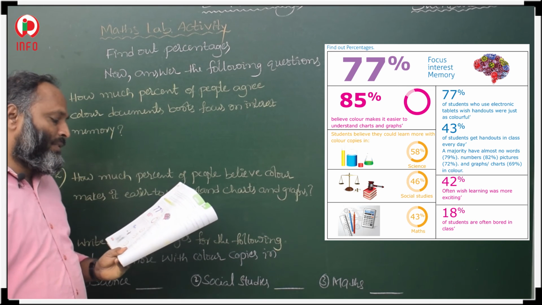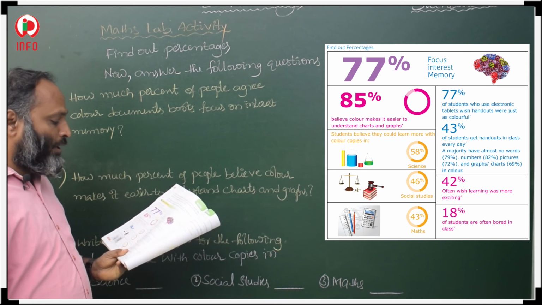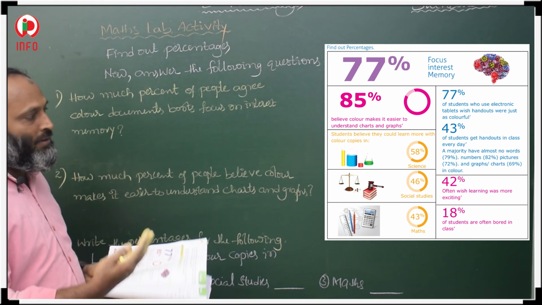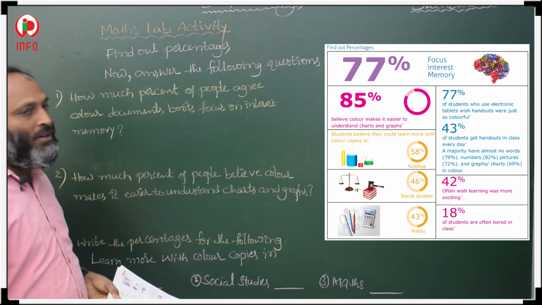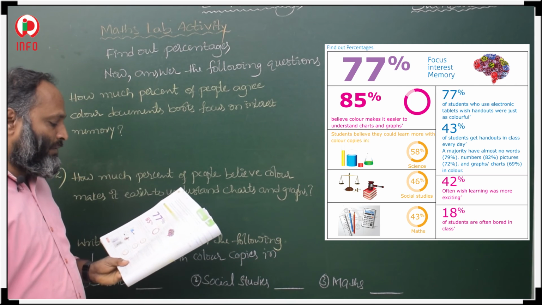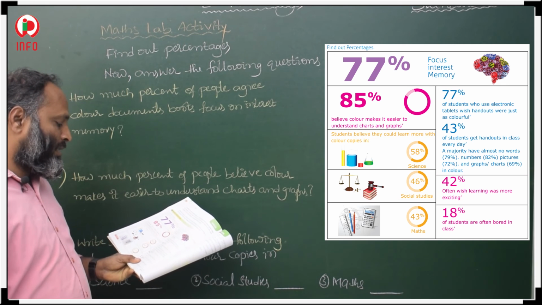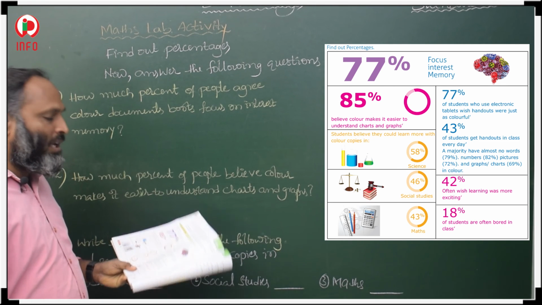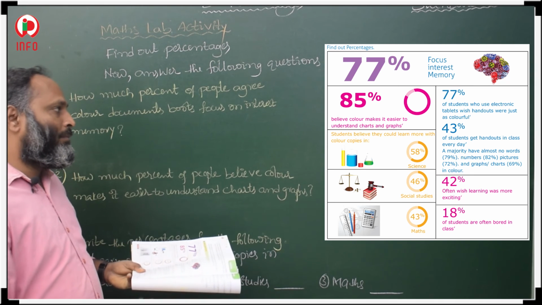And 77% of the students who use electronic tablets with handouts that were just as colorful believe it makes things easier. Numbers, pictures, all these things get easier to improve their standards.